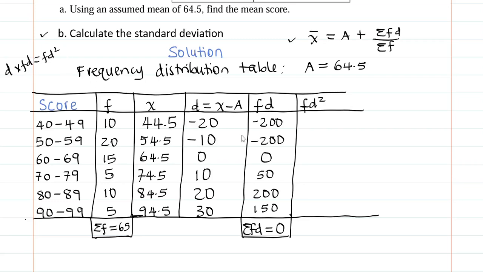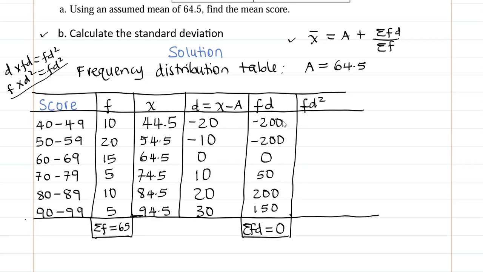Or someone can get F and then times the value of D squared. So you say F times negative 20 squared. They give the same results. When someone says it is F times D squared, we still get FD squared. We have a full playlist on that, so you can get time and visit.